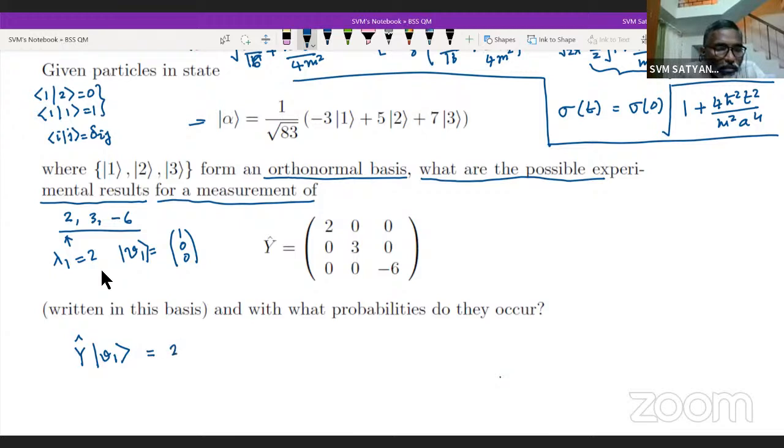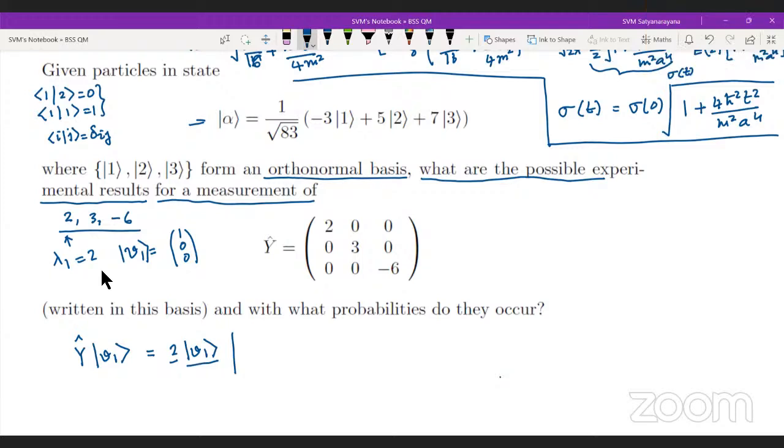That is basically 2 times V1. So this is the eigenvalue, and this is the eigenvector, correct? Yes, sir.